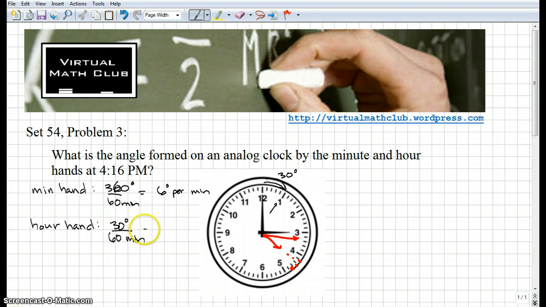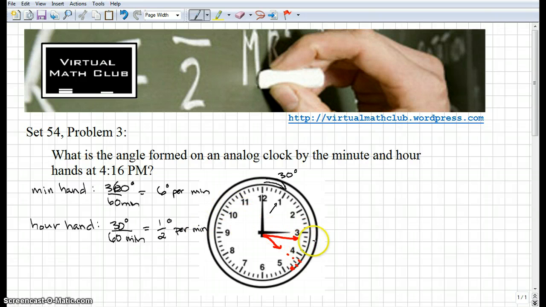And we can reduce that down to 1/2 of a degree per minute. So now we know the rates that the two hands move, and from that, we can find out how far they move within the hour.